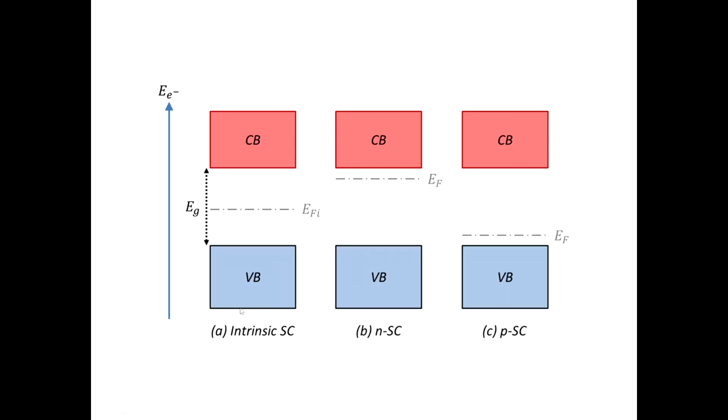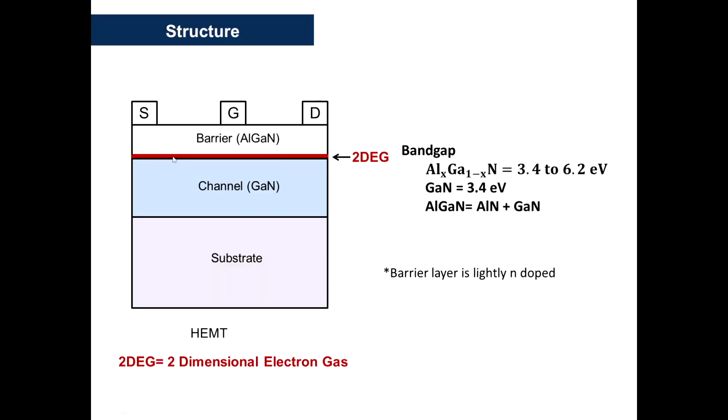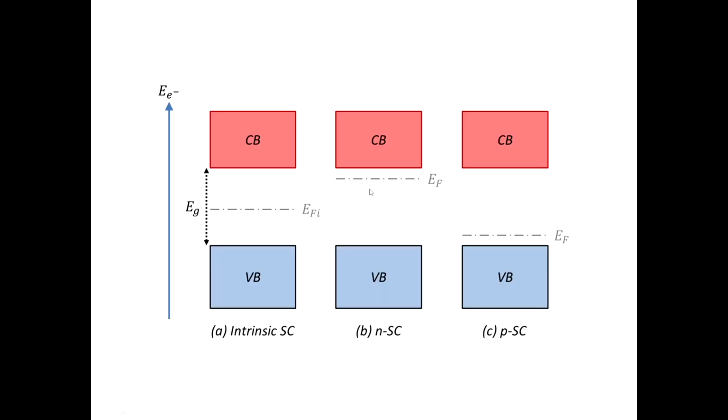For an intrinsic semiconductor, the Fermi level lies right at the middle of the band gap, and for an n-type semiconductor, it's closer to the conduction band. So here, at this heterojunction, the Fermi level of the barrier, which is n-type doped, is closer to the conduction band, and the Fermi level of gallium nitride, which is undoped, is right at the middle of the band gap.